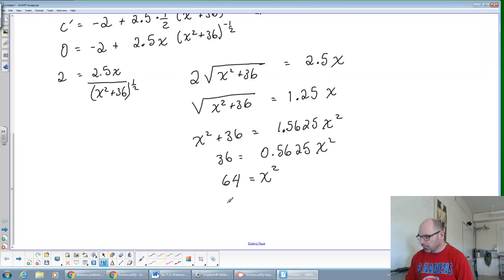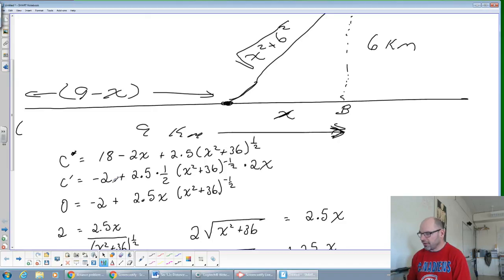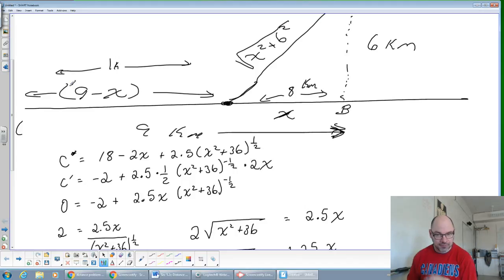So x equals 8, plus or minus. In our case, it's going to be 8. So that means that this value here is 8 kilometers. And this one is 1 kilometer here. And what did it say? She lives 9 kilometers from B down the beach.